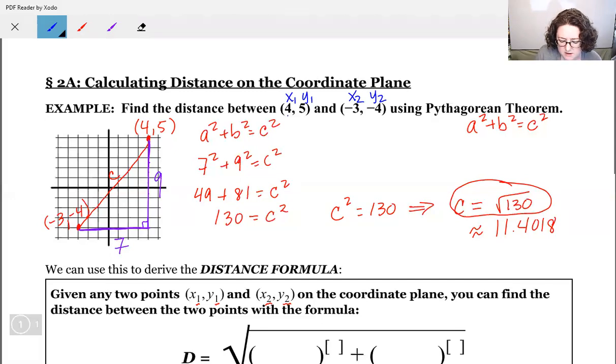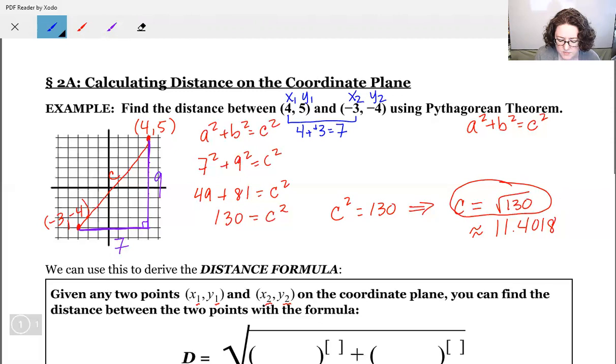If I look at 4 and -3, what would happen if I did 4 minus a -3? Minus negative flips over to plus a positive. And wait a second, 4 plus 3 is 7, and that's exactly the length that we found in that horizontal distance on our graph.